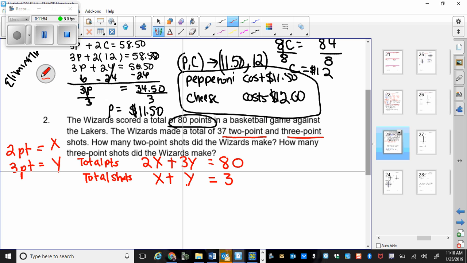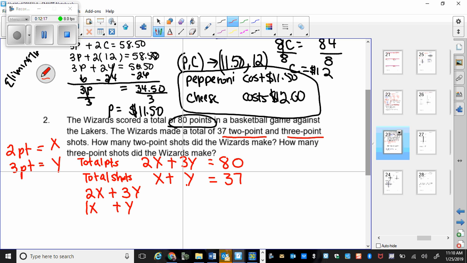This is a little bit confusing with the wording, but we have our two equations, right? So what we're going to do is elimination, and let's do that. Let's say 2x plus 3y and x plus y.